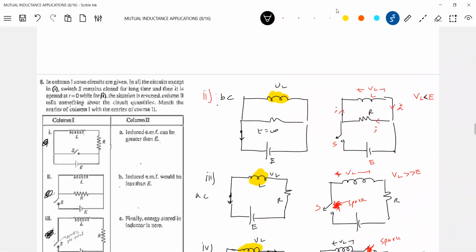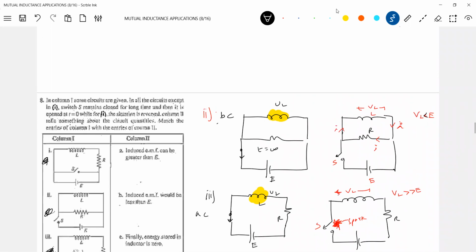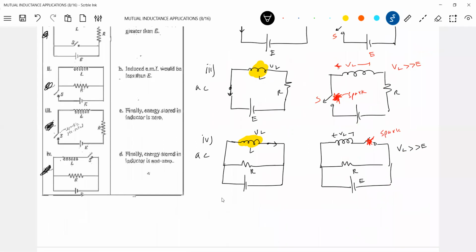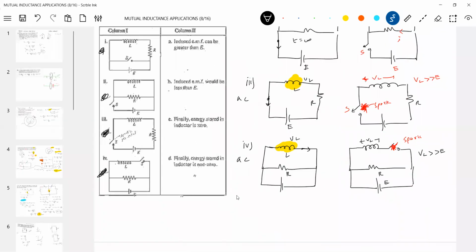I'll discuss above here. Option 1, what is the condition? It's a reverse, no? The switch is open.